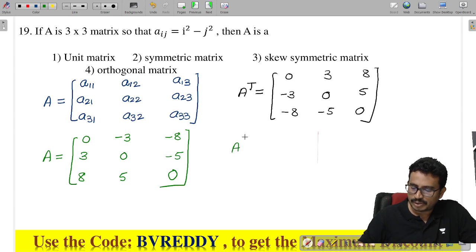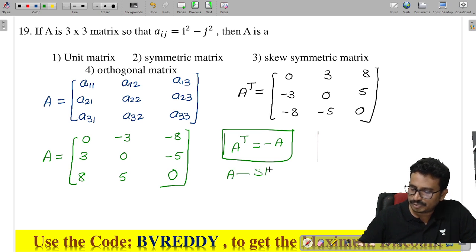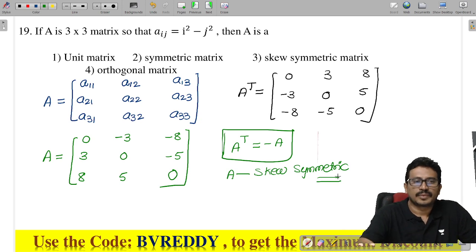What you can observe here is A transpose is equal to minus A. From this, what can I say? The matrix A is called a skew symmetric matrix. Right?